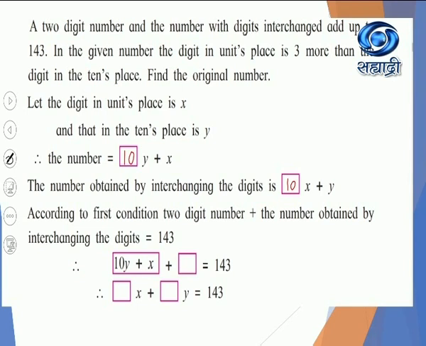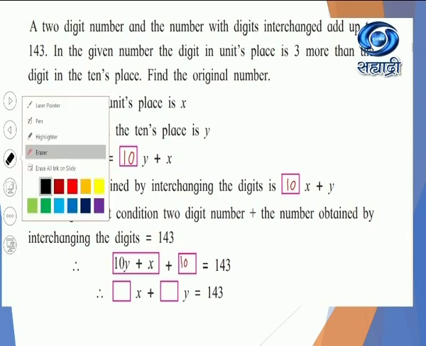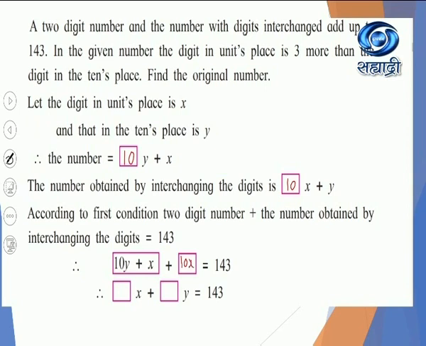According to the first condition, two-digit number plus the number obtained by interchanging the digits is 143. So 10y plus x plus 10x plus y is equal to 143. If you solve it, you get 11x plus 11y equal to 143.